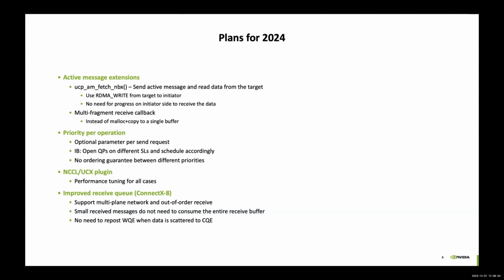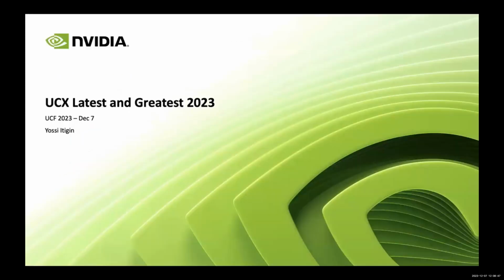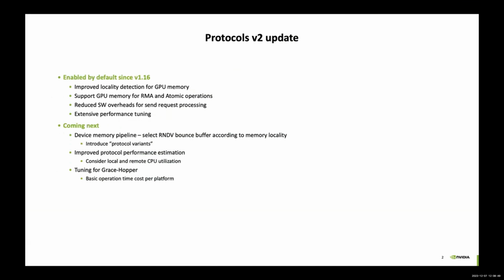Yossi, I have some questions. First, with what you mentioned with regards to plans, you mentioned there's rendezvous protocols with use of other buffers than host's that's going to be introduced. For that, do you see that there's a way for users to override functions? Because one of the things you mentioned was Proto V2 was going to select buffer types for different message ranges potentially, right?